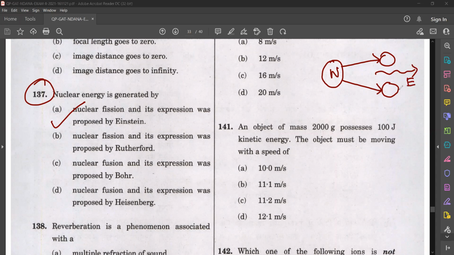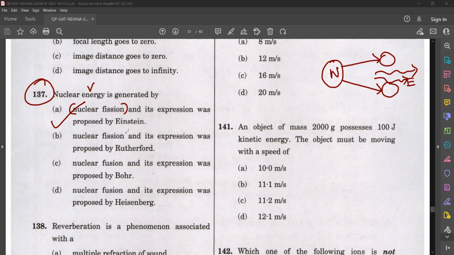That energy is known as nuclear energy. So nuclear fission means a heavy nucleus is being split into two or more small nuclei, and the energy released during that process is known as nuclear energy. So the process is nuclear fission.